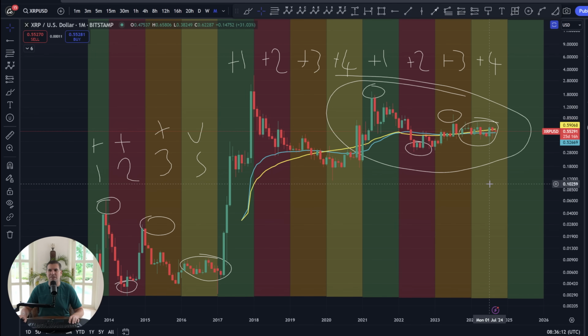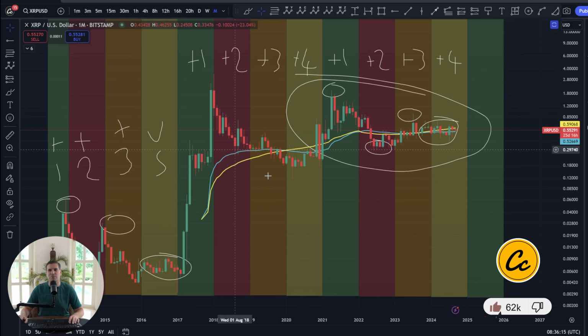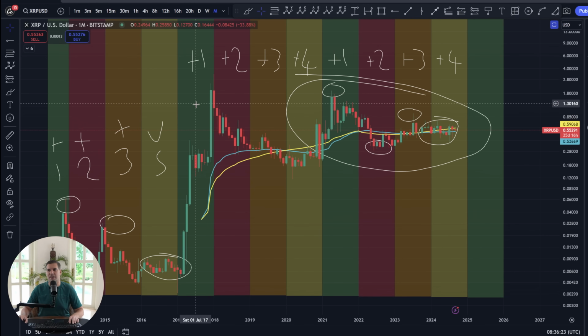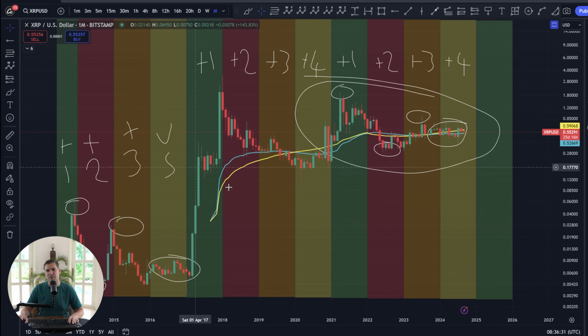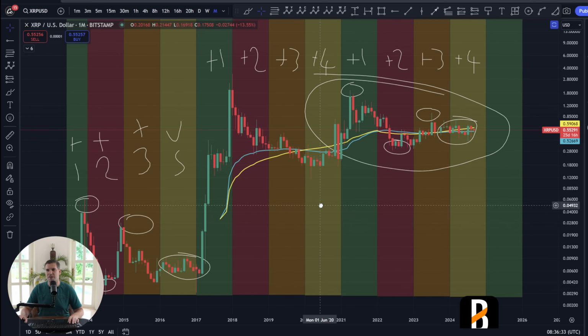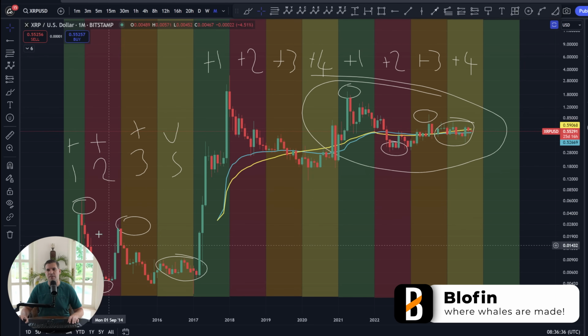Now, of course, that means that we're going to have a deeper and more irregular bear market in 2026, 2027, and 2028 ahead of the 2029 bull run, okay, following more of what happened back here in 2018 and 19, and even arguably 2020. Okay, so if everything plays out according to plan here, and history repeats itself, then we're going to be looking for a really big run next year.